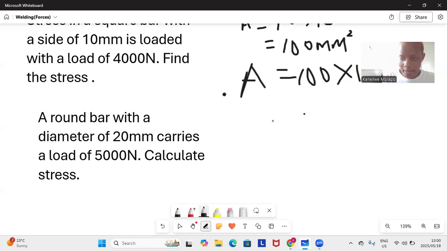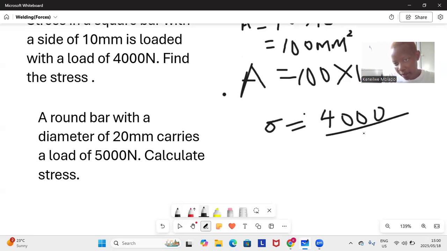Then your stress equals your force, which is 4,000, divided by 100 times 10 to the power negative 6. So we are going to see 4,000 over 100 times 10 to the power negative 6.